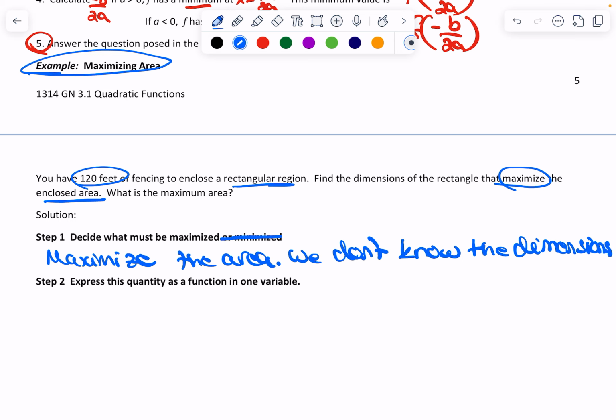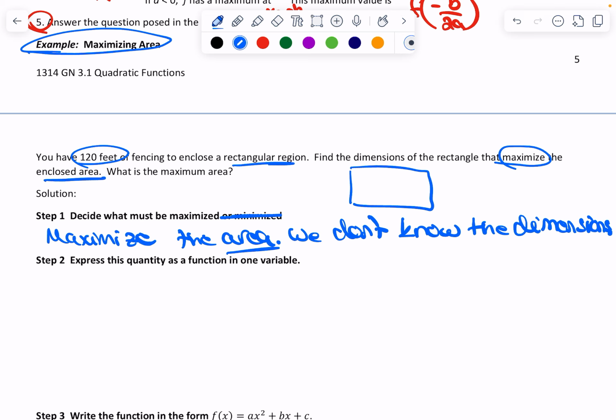Okay, we have a rectangle right here, a rectangular region. Now, if we think about calculating the area of a rectangle, that is length times width, right? So we're going to set one of these to be x and one of them to be y. So area is x times y.